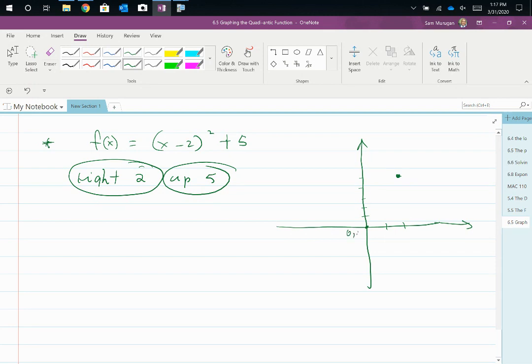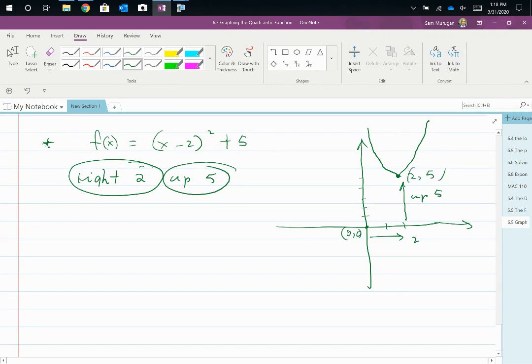That graph would move from (0, 0) right 2, and then up 5. So the graph would be up here instead. The vertex would be at (2, 5). Okay? And the axis will still be going through 2, x is equal to 2.